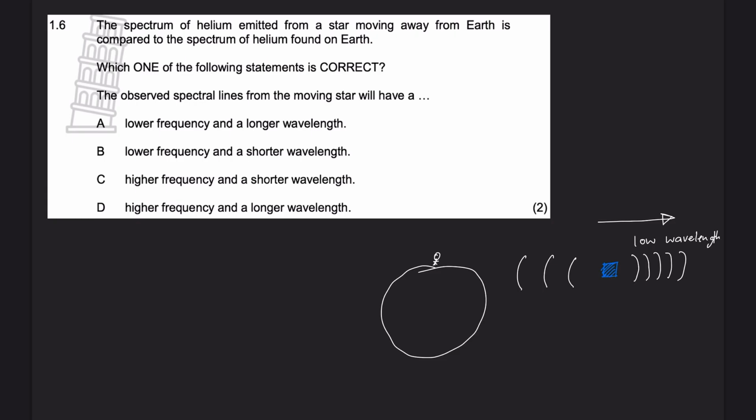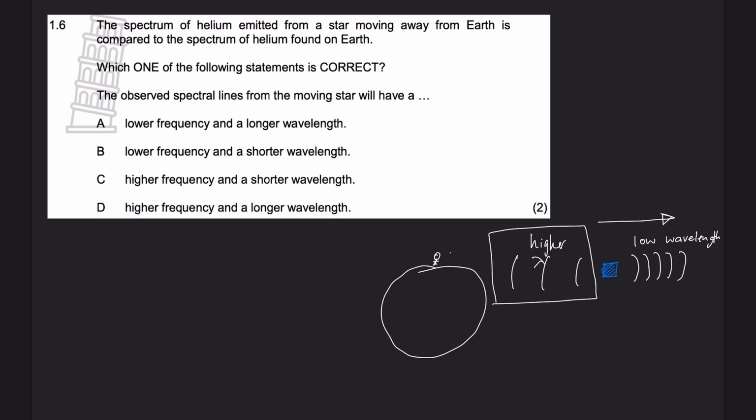And that means leaving behind, it's actually going to be stretching the wavelengths of radiation that is behind it. So you'll find that the radiation that's behind it is stretched further apart. So this is going to be higher wavelength. So the person that's detecting it is going to be detecting a higher wavelength, or longer wavelength.